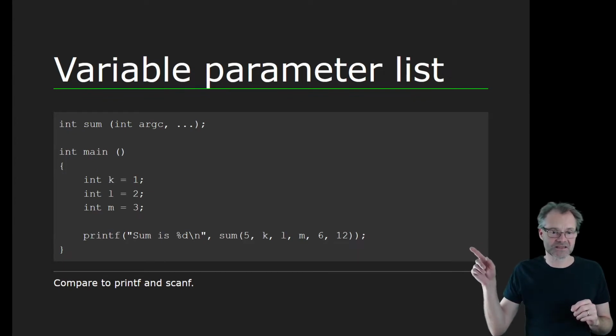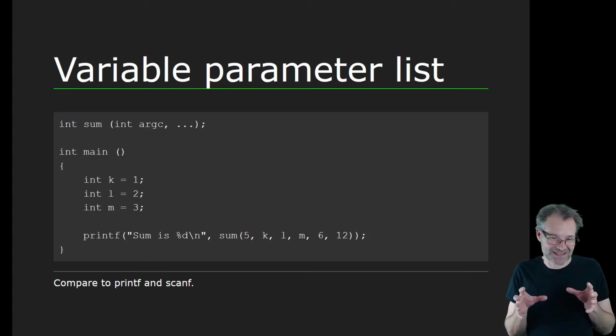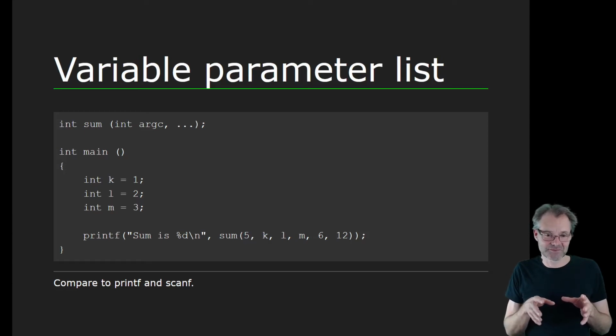If you think of it, looking at this printf function, it is also implemented this way, because you always have to have a string as the first argument to printf. It contains this %d, and when the printf function scans this first string, it knows now I should get an integer.